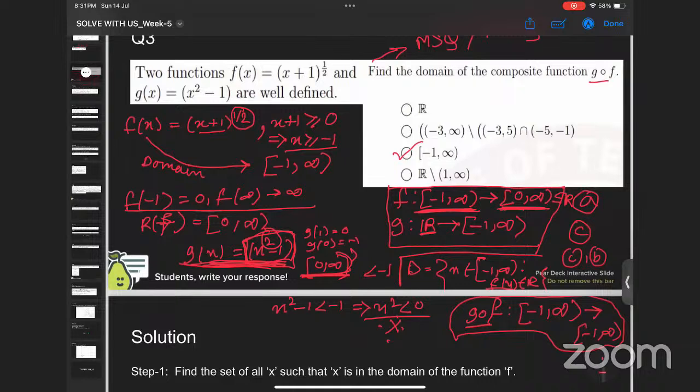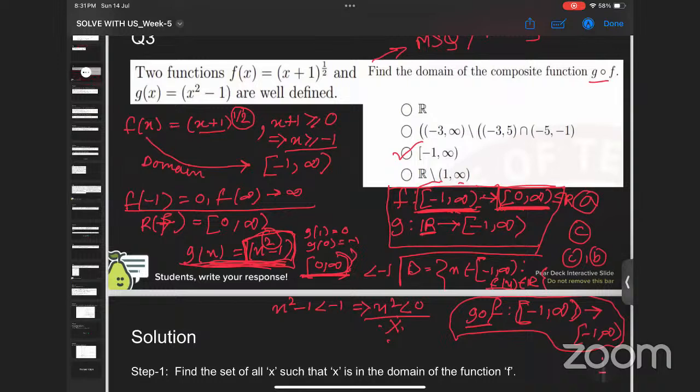We can easily check that the range of F is 0 to infinity, which is clearly a subset of the real numbers. So for any x from the domain of F, the functional value will be a real number. That's why we take the whole domain of x. Okay, ma'am, got it.